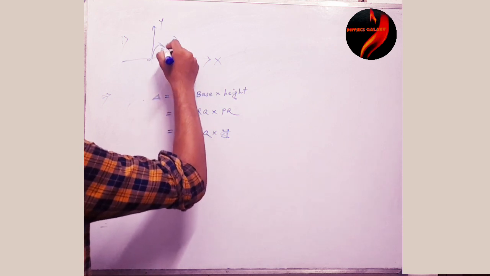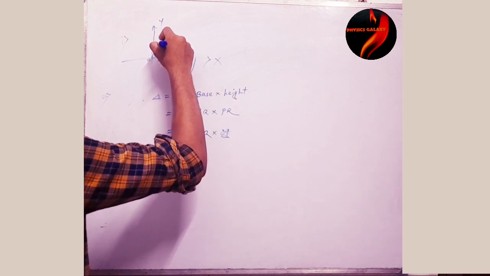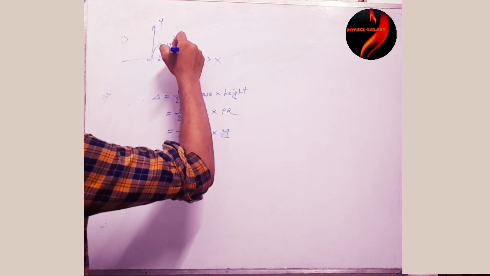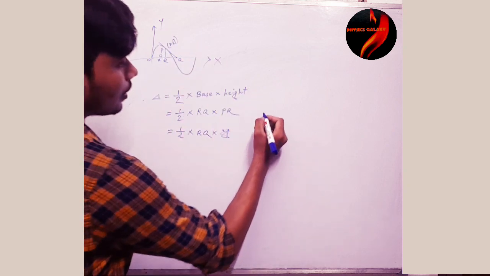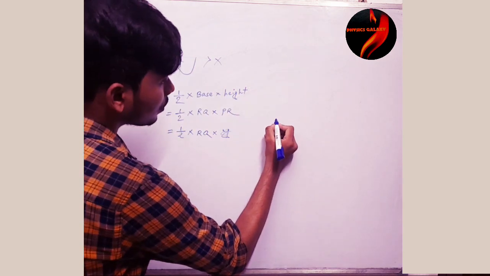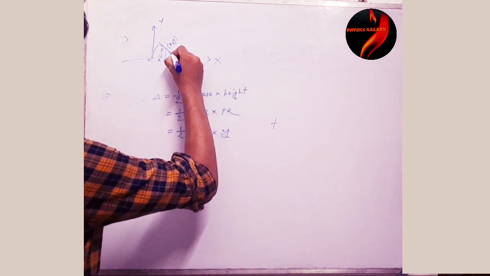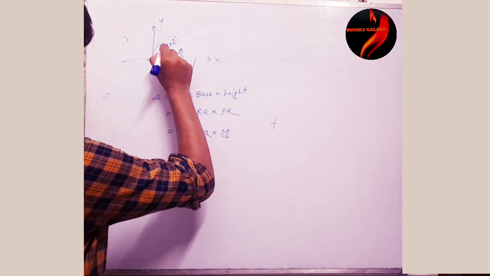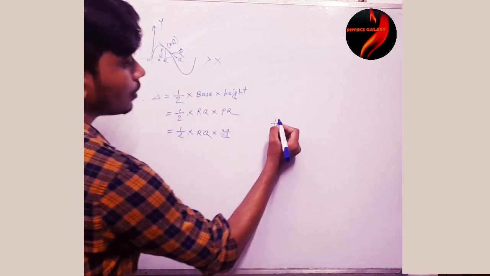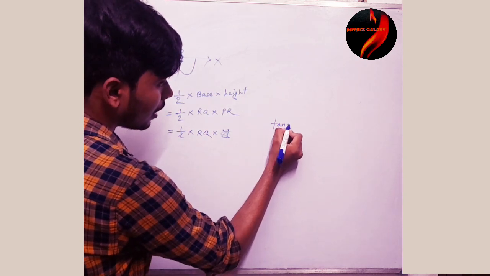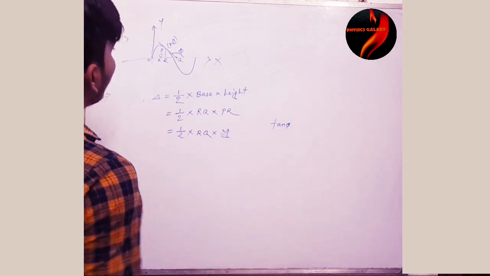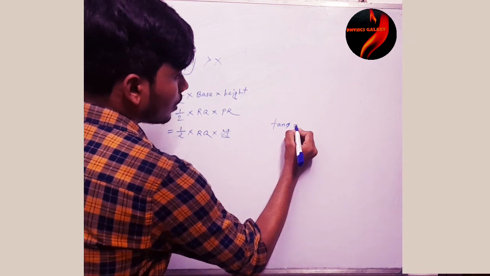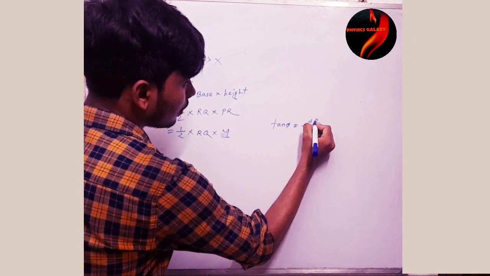Again we know that the slope of this tangent line PQ, if we take this angle phi, should be tan phi, and it should equal dy by dx.